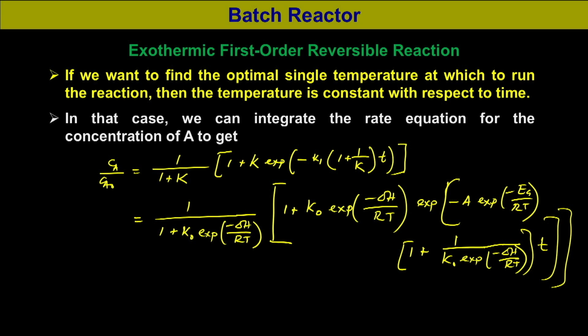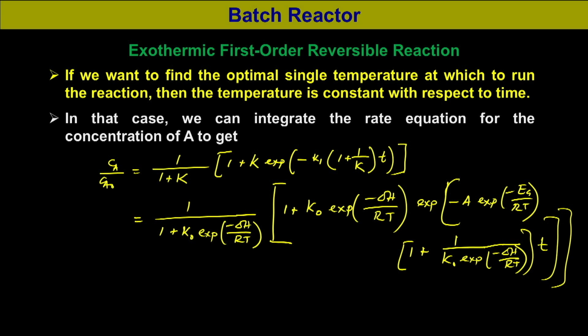Alternatively, we can fix the time required to obtain a particular conversion. So, this relation we can just rearrange to calculate the time required for a particular conversion, represented in terms of the concentration.